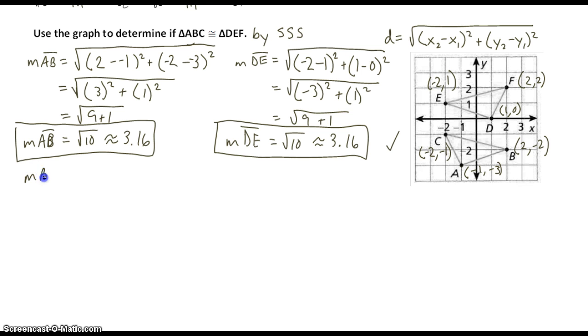I need to find the measure of BC and the measure of EF. Again, I'm going to use the distance formula. BC, negative 2 minus 2 plus negative 1 minus negative 2 squared.